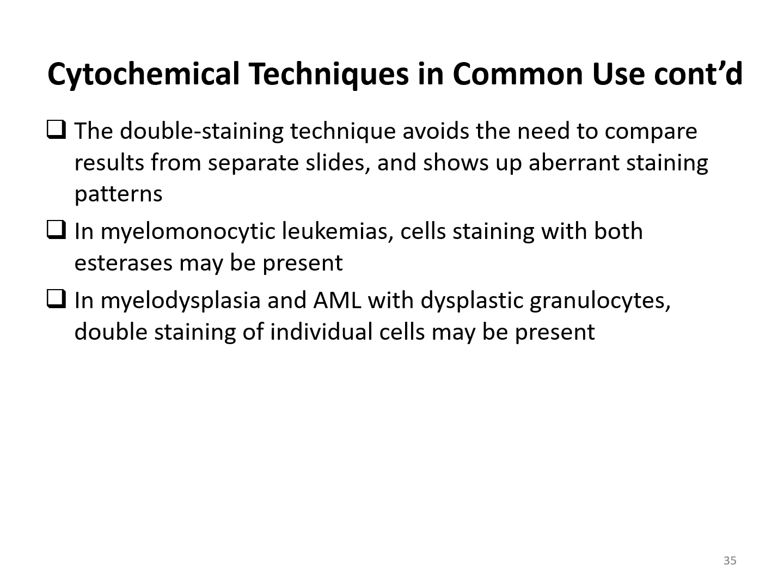Double staining technique avoids the need to compare the results, because it is possible to combine the two esterases. We can readily identify the different cells that are present. What do you think is the reason why we need to do this staining?